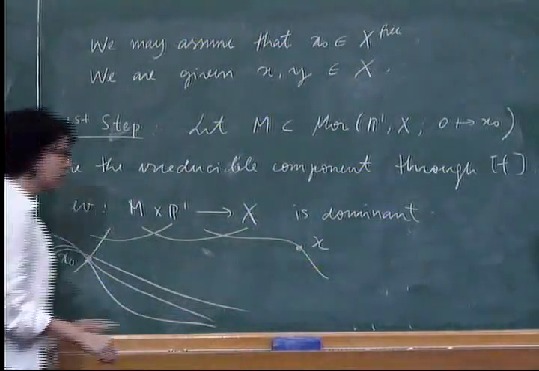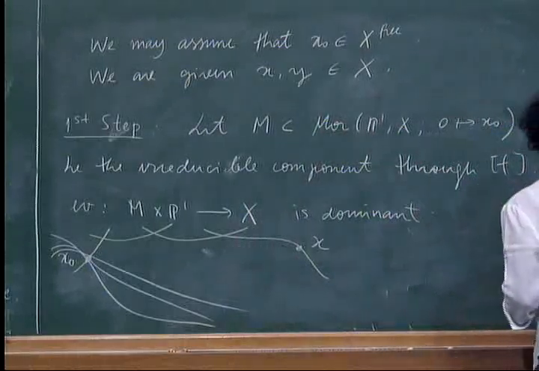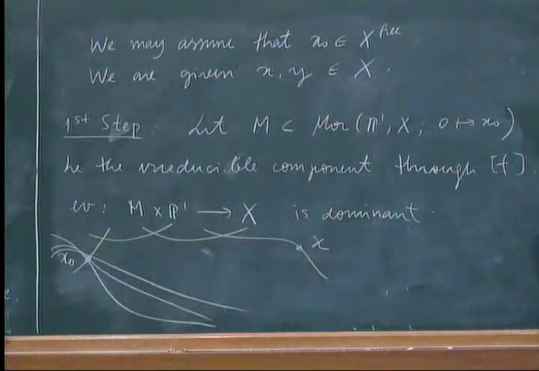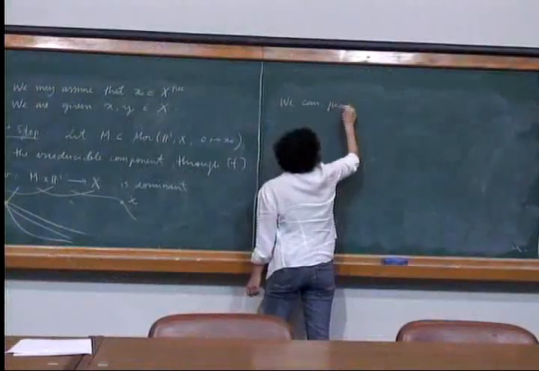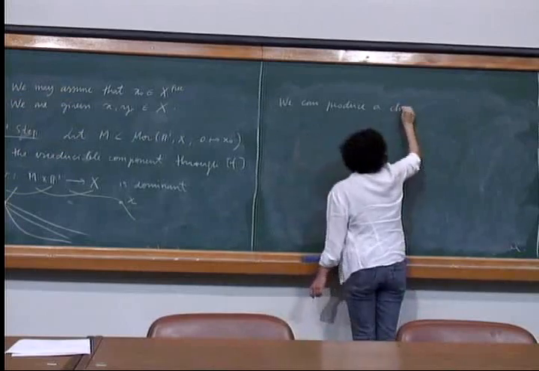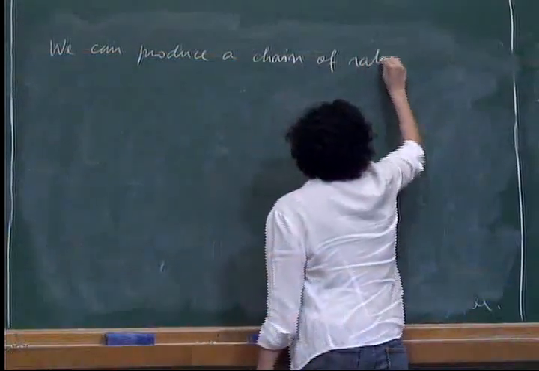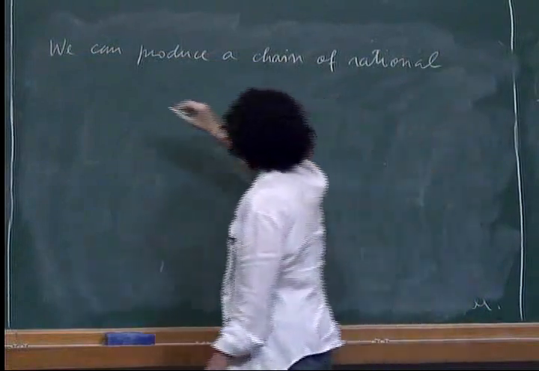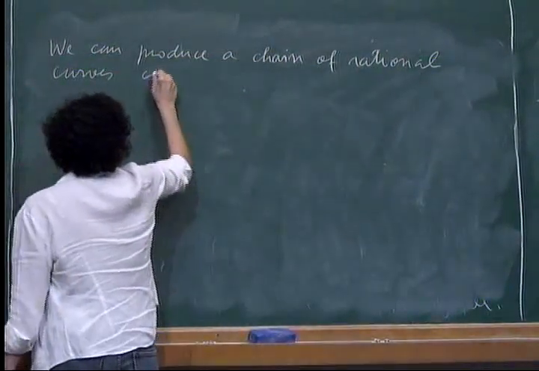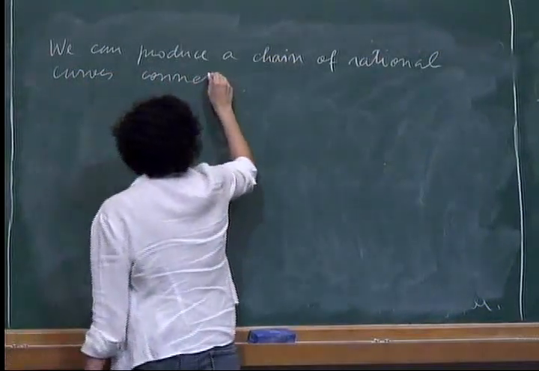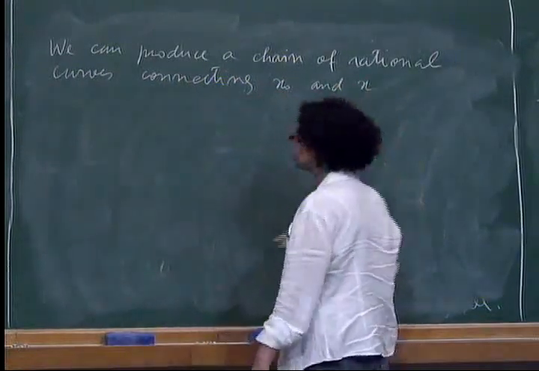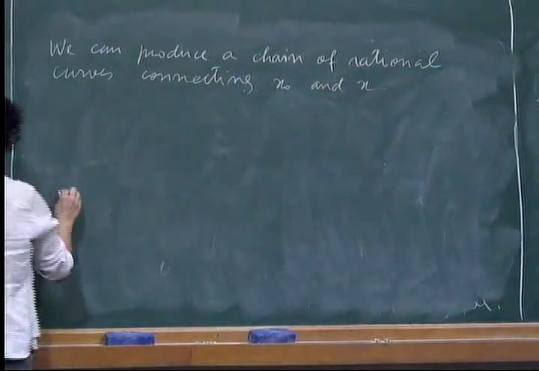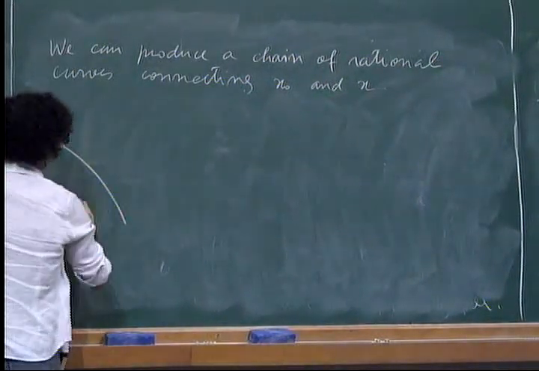So we can produce a chain of rational curves connecting x0 and x. Let me redraw this chain here.